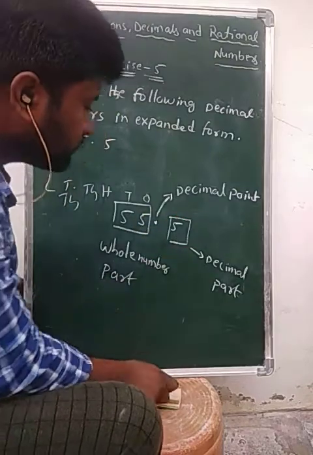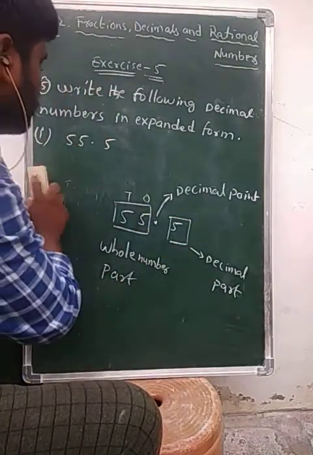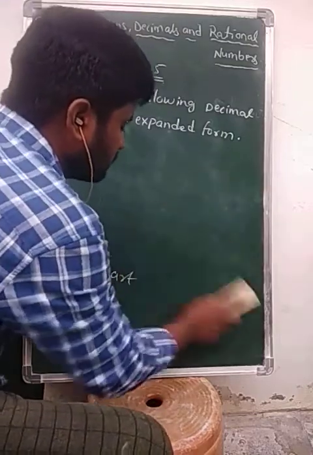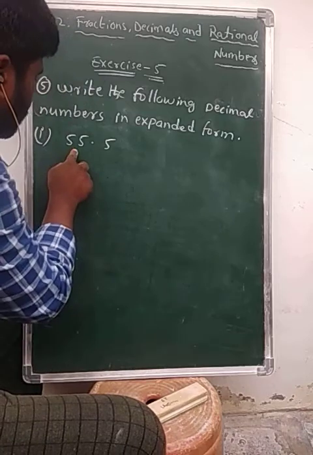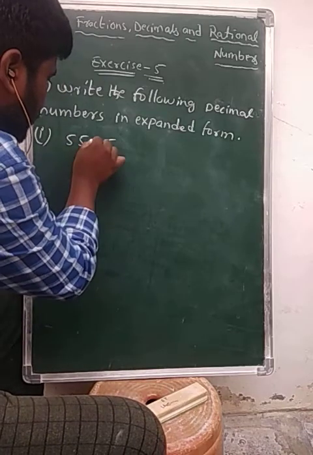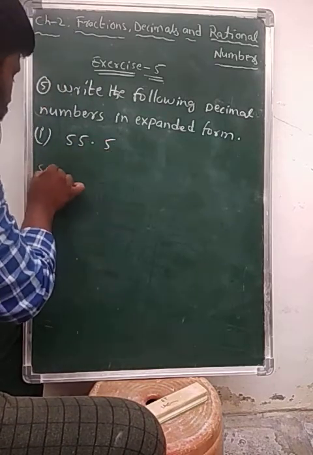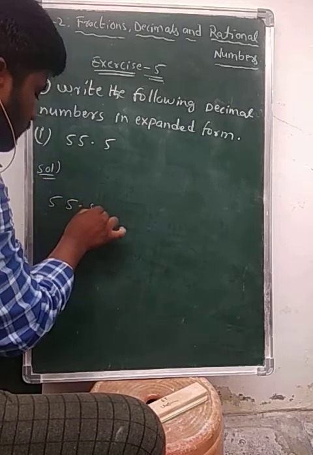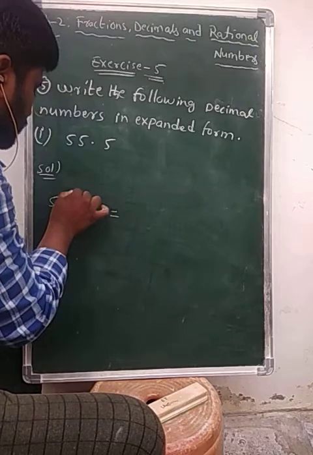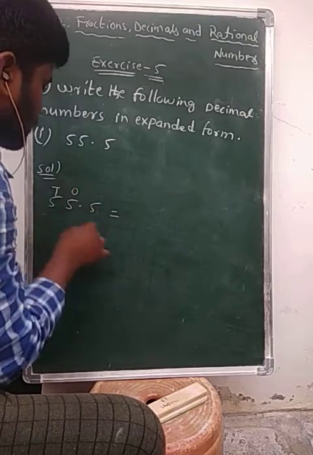Okay students? Now see here, the expanded form of 55.5. You can write it as: this is the ones place, this is the tens place.